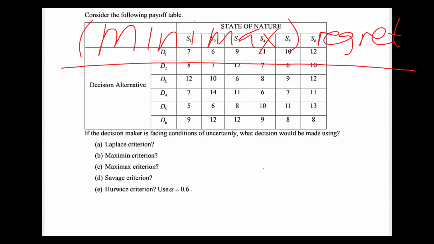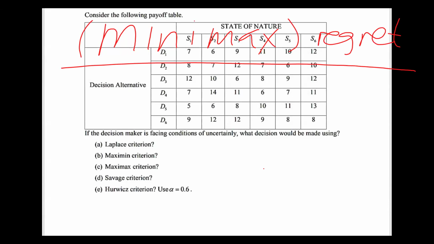That is how others call it. Minimax approach or regret approach. It is also called the Savage criterion. So please, you have to be conversant with these terms I'm using, because when you meet some other examiners, they may opt to use them, and then you start getting lost.